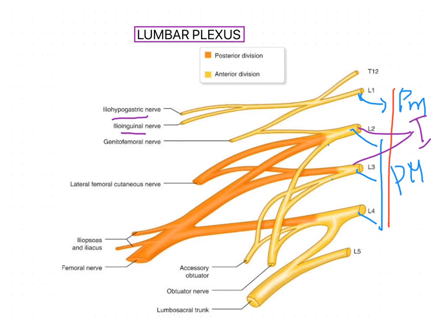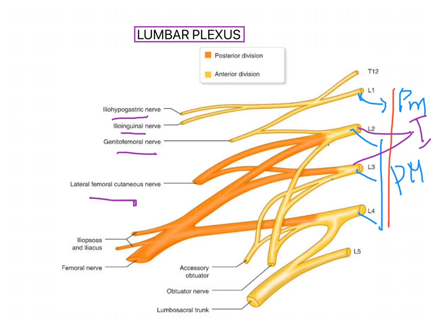The iliohypogastric nerve and ilioinguinal nerve come from the nerve root L1 as well as T12, majorly L1. The genitofemoral nerve has nerve roots L1 and L2, and the lateral femoral cutaneous nerve is L2 and L3.